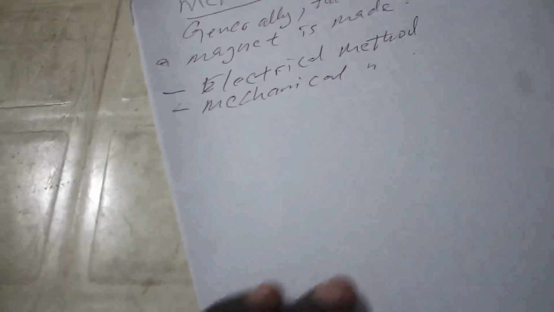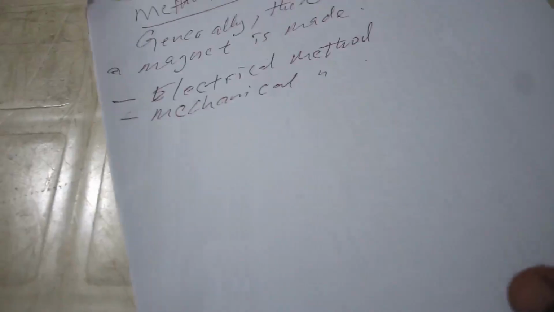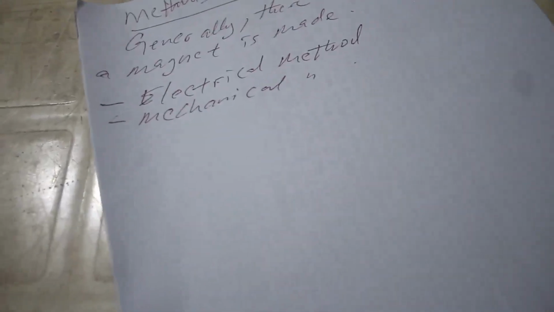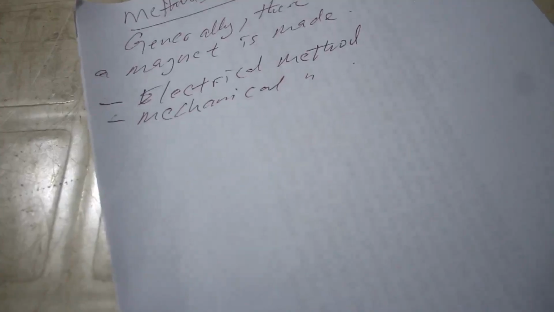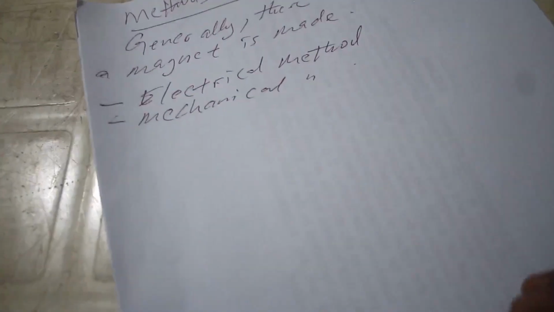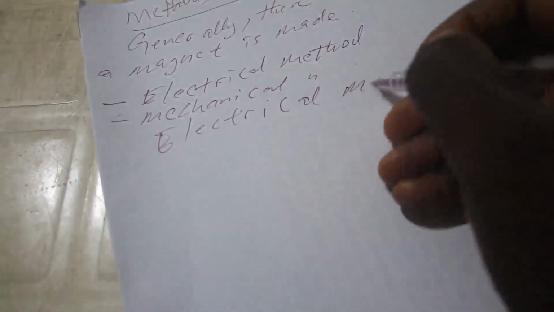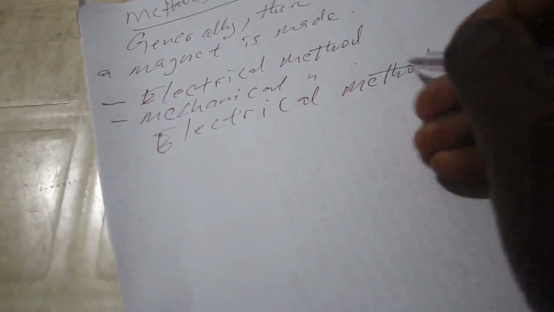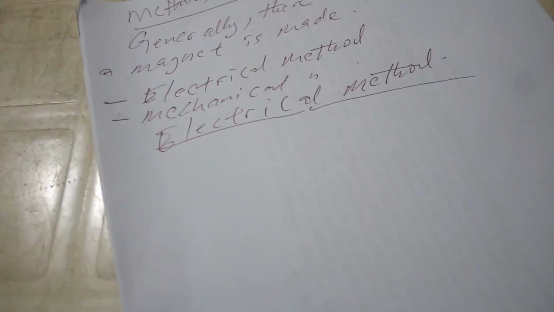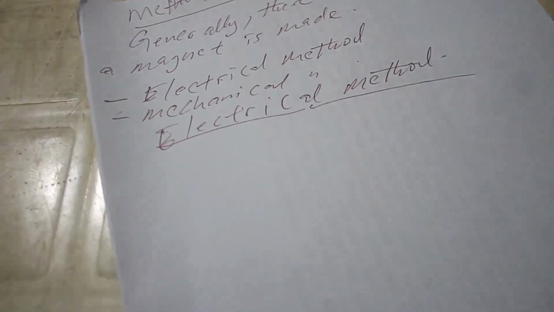So let's talk about the electrical method. Now the electrical method involves the use of the magnetic property of current to produce a magnet. Remember, I said something about electricity and magnetism.